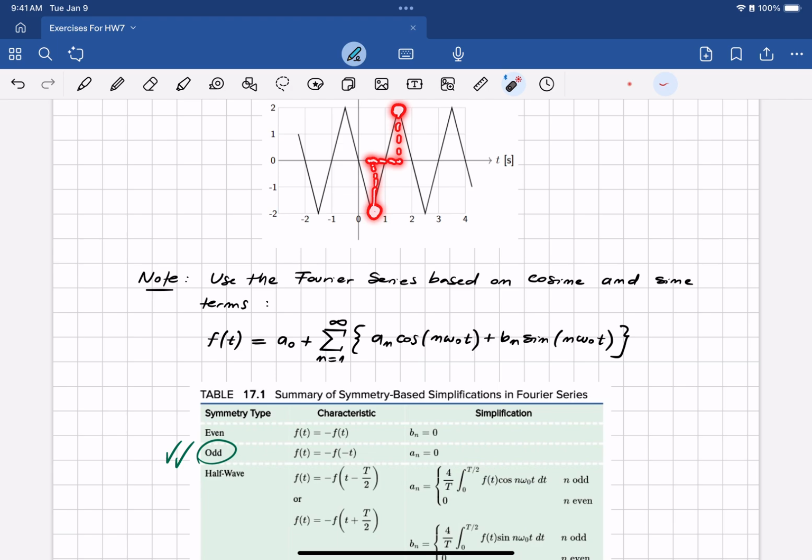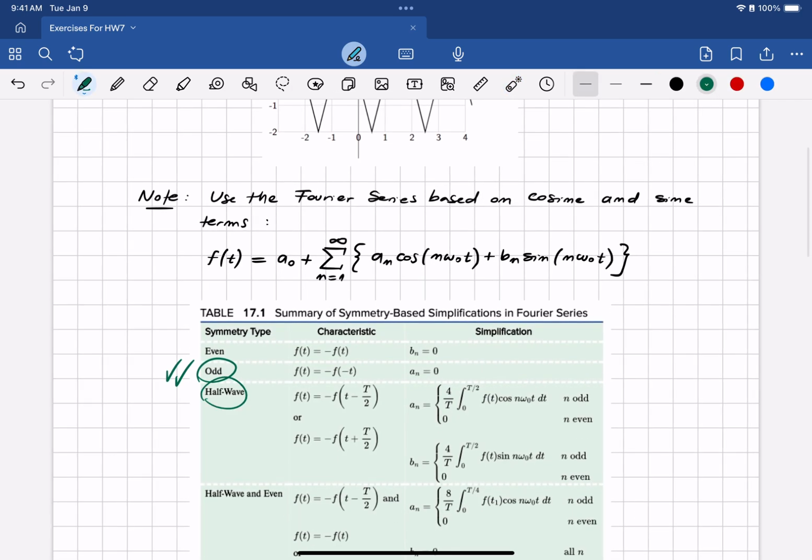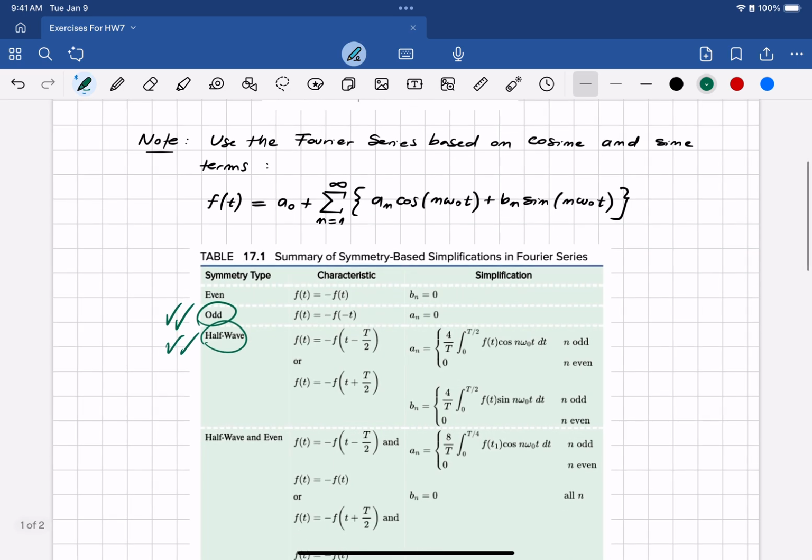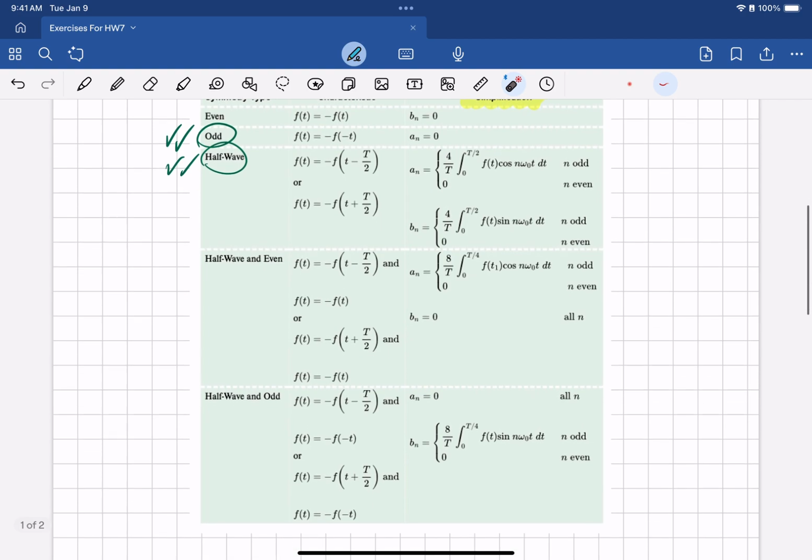So that means it fulfills this condition, right? Because of this minus sign here. You can try this with a plus sign, and you're going to move this way, and you're going to get this value. Same conclusion. So in this case, we have two conditions met. One is odd, and the other is half wave, sorry. So we do have a lot of simplifications. That's the idea with this whole exercise, that we can definitely simplify our calculations. So in our case it is half wave and odd.